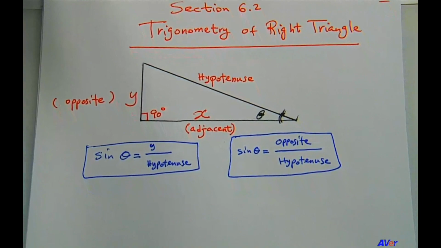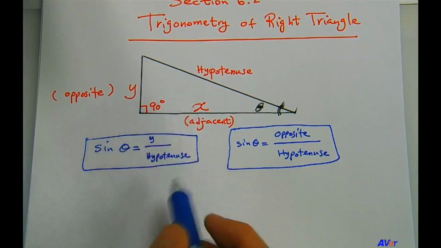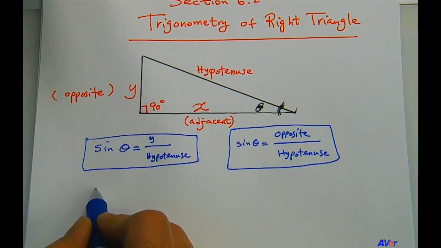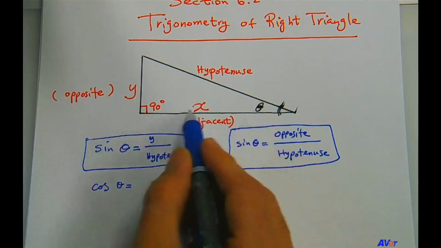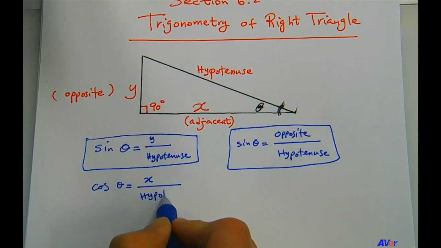Okay, so then let's write down the cosine function for this angle in this right triangle. We have cosine of theta equal to x divided by the hypotenuse.